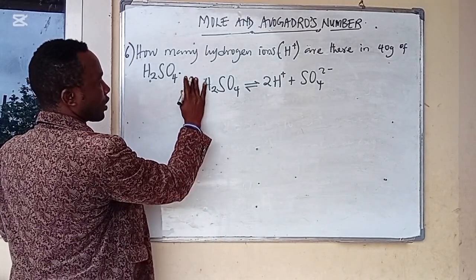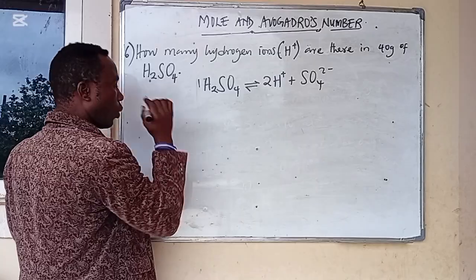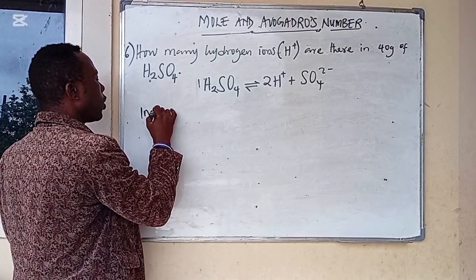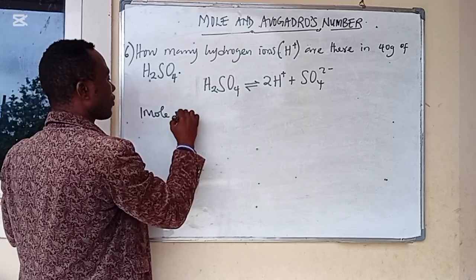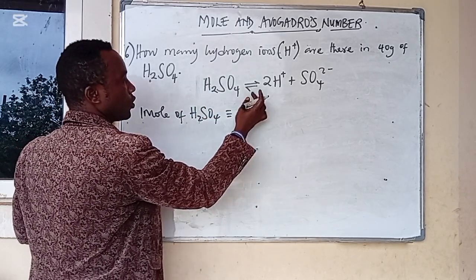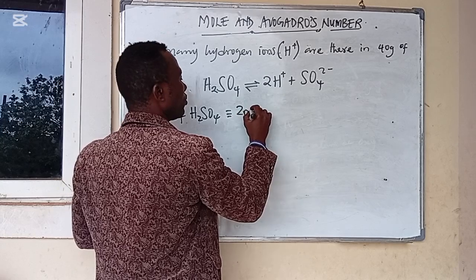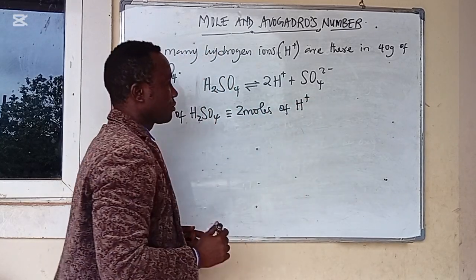Remember, this is 1 mole, and this is 2. So what does it mean? It means that 1 mole of H2SO4 will give you 2 moles of hydrogen ion.